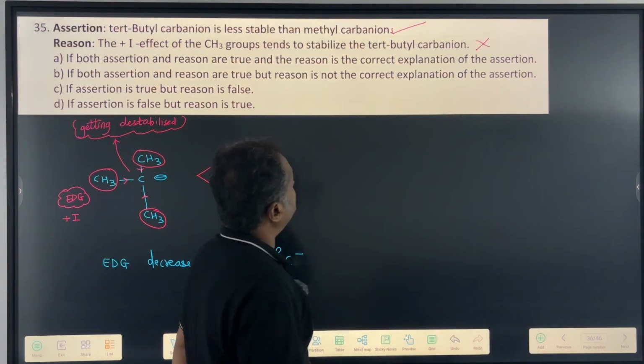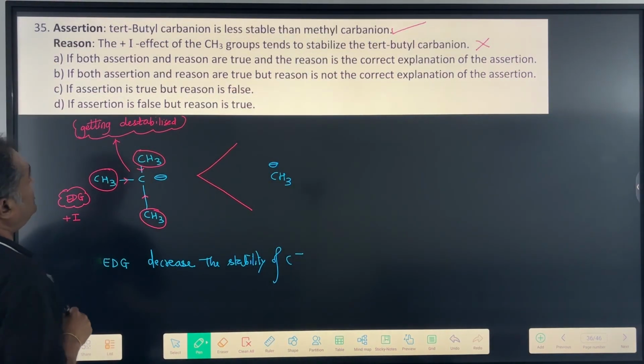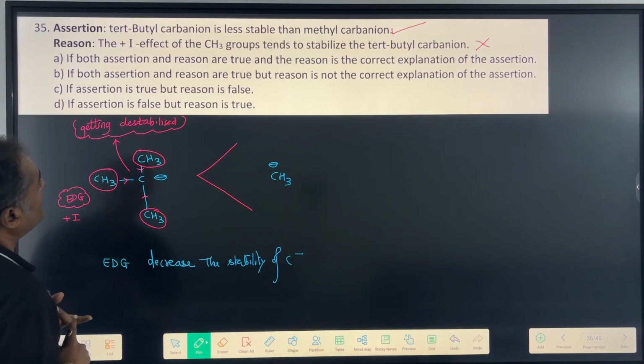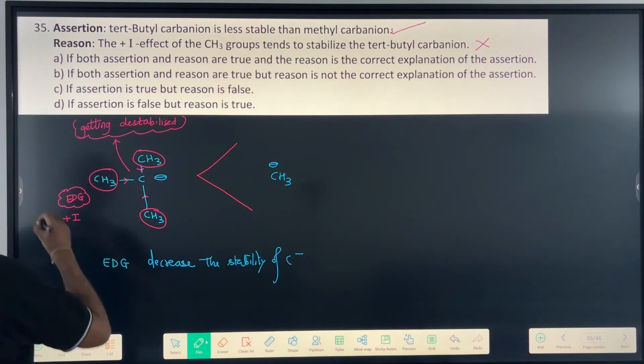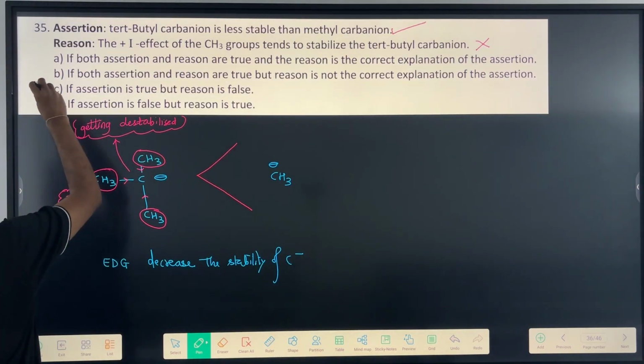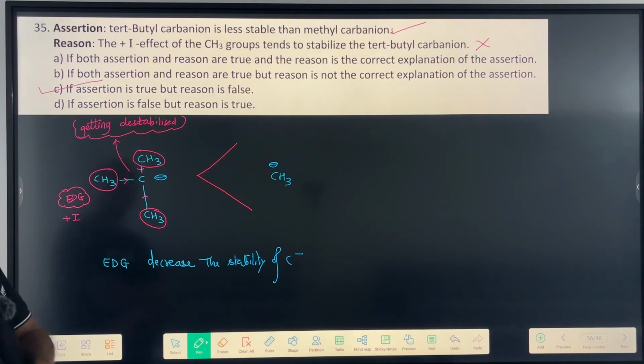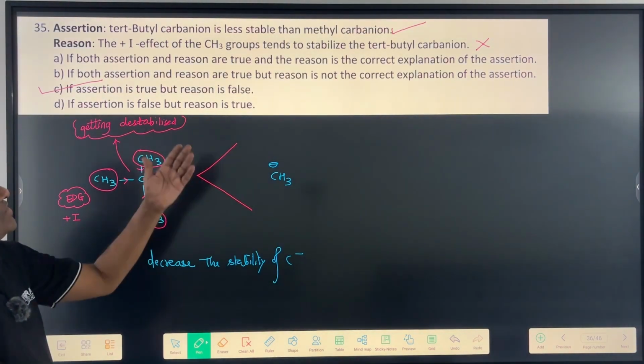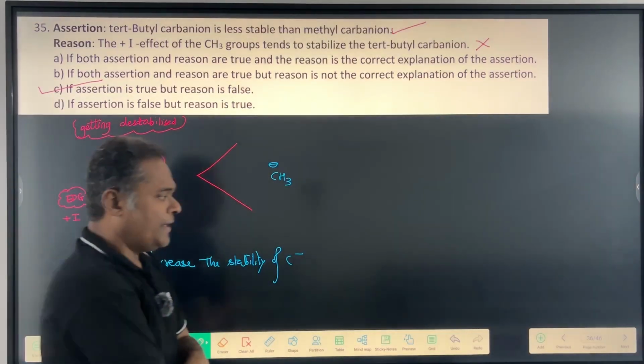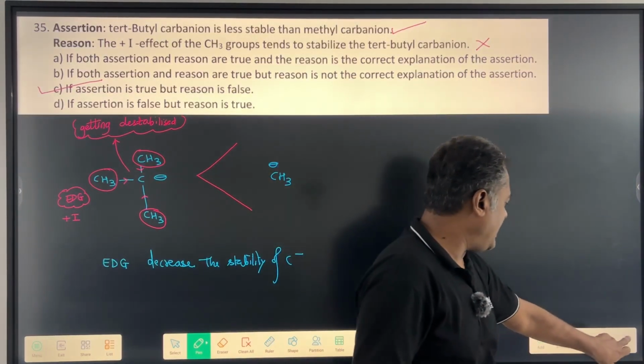That means your assertion is correct but the reason is false. So, your correct answer has to be C, if the assertion is true but the reason is false. I think this answer is clear to you, child. Let us proceed with the next question, child.